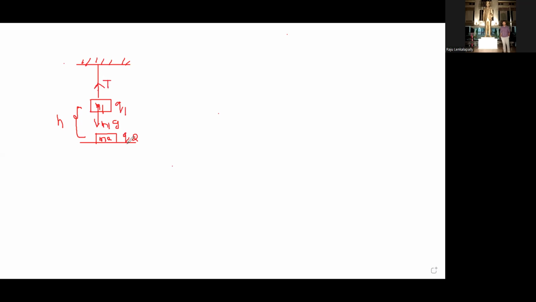One more force: Q2 always repels Q1 because both have the same sign of charge. That is the force Fc. We have to calculate the equilibrium condition. At equilibrium, Fc plus T, both in the same direction, add up to equal M1g.